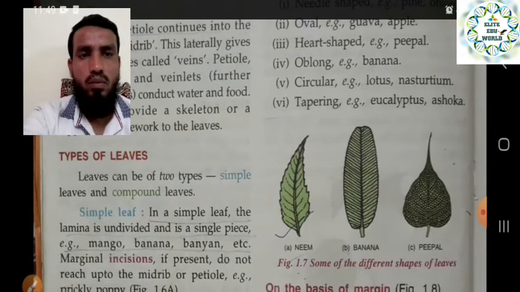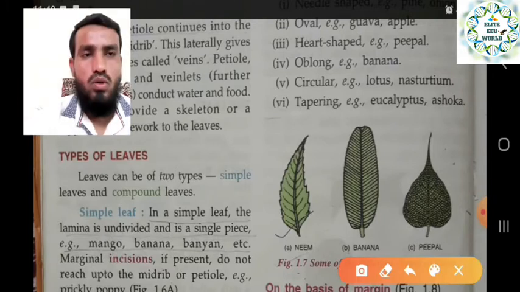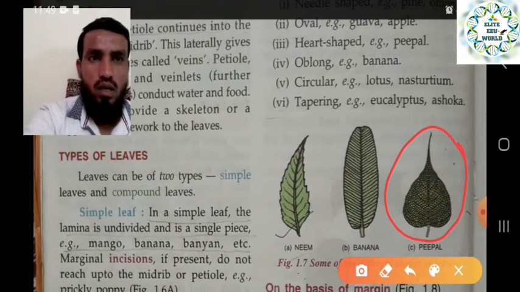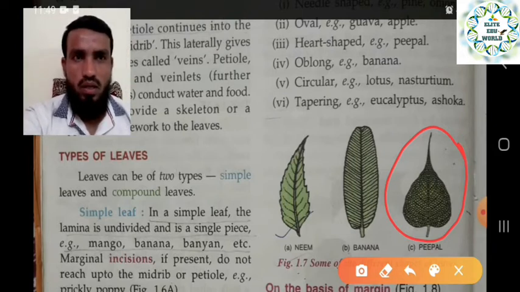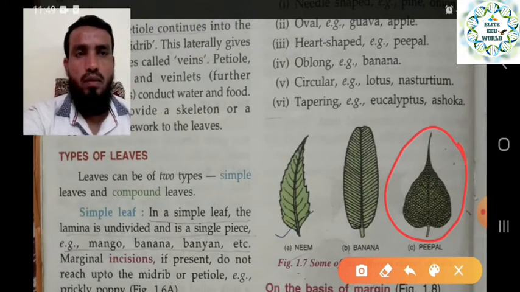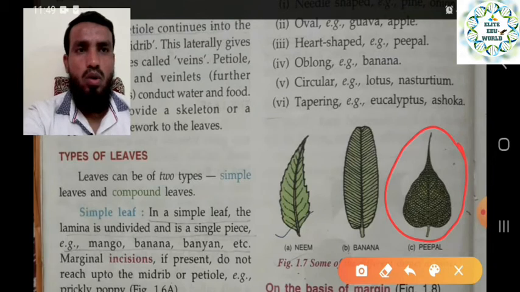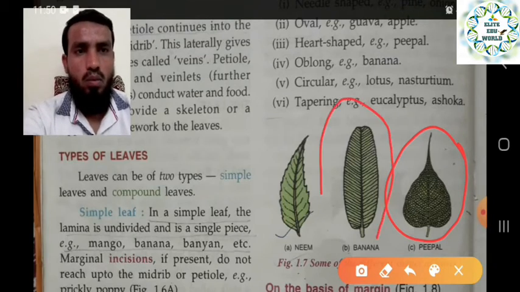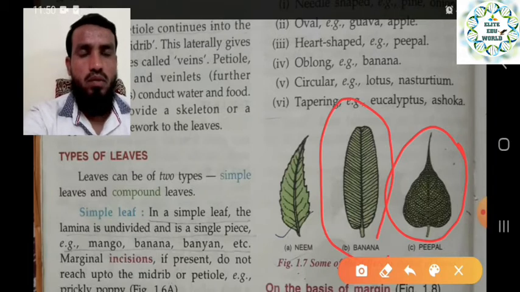You can see the peepal leaf here. If you just look at the shape of this leaf, it looks like a heart shape. So on the basis of the shape of the leaf you can separate them into different groups. The next is oblong, example banana. This is the banana leaf and the shape is oblong, that is why it can be divided on the basis of its structure.